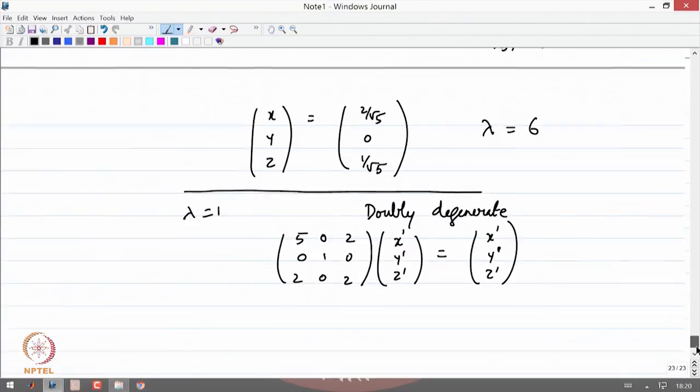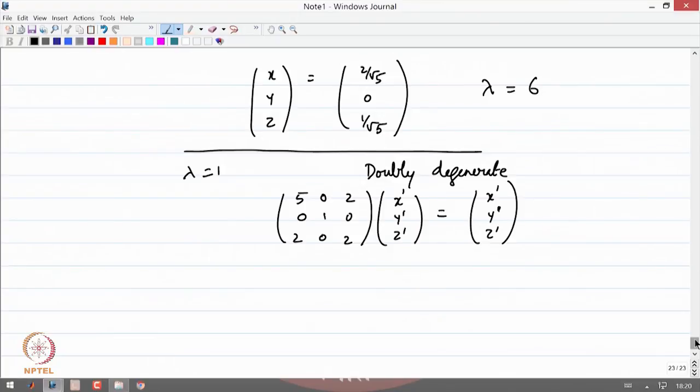You will see immediately when you expand this to the system of equations, 5x prime plus 0 y prime plus 2z prime is equal to x prime, which gives you 4x prime plus 2z prime is equal to 0.